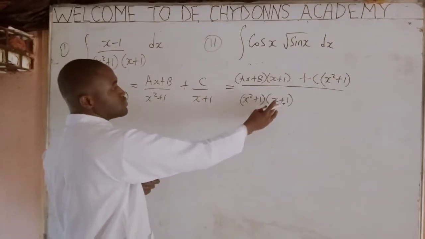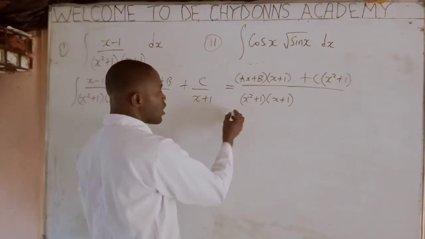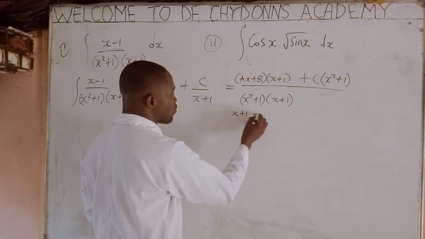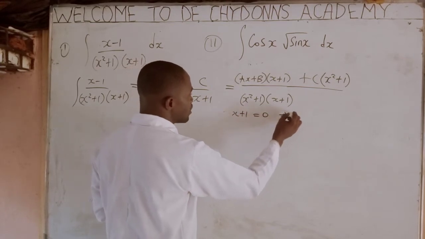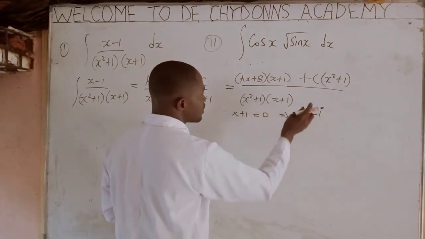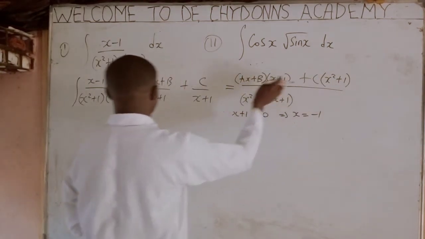Now this denominator, x plus 1, equate it to 0, that will give you x equal to minus 1. Take it and plug in here.